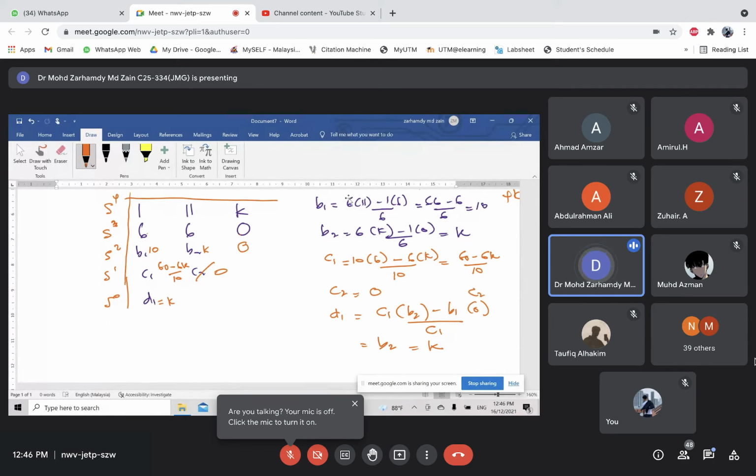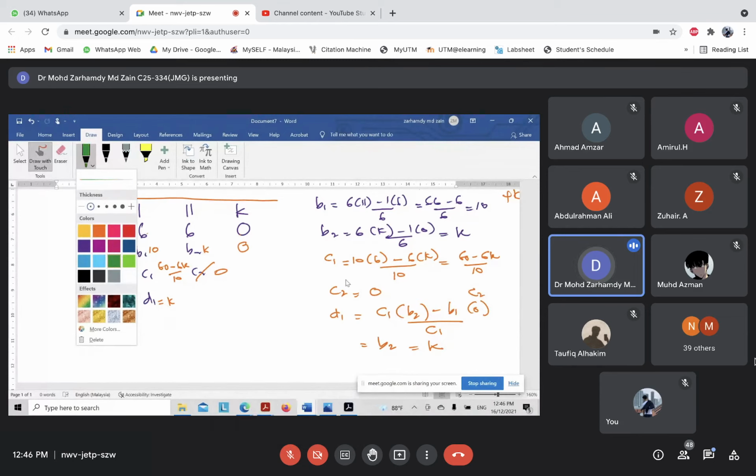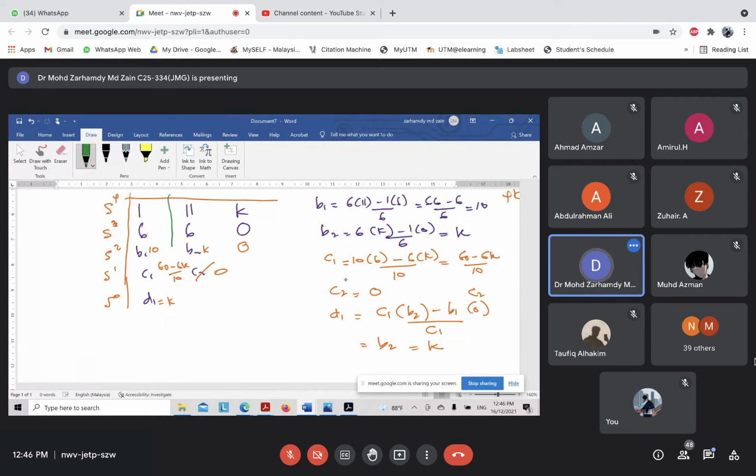What do we want to do now? We concentrate on the first column, the first row. We need all the signs, all the values, to be positive. So now we have positive 1, positive 6, positive 10. But here we have 60 minus 6K over 10.